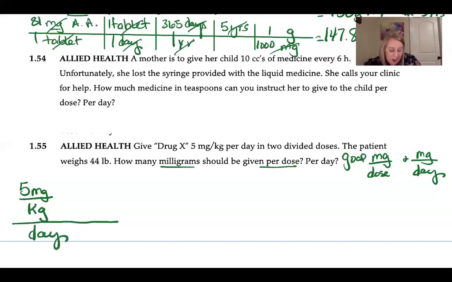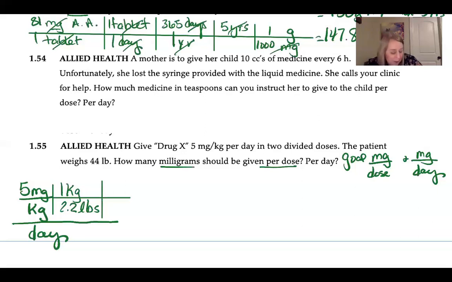So I'm just dividing again. So now I want to know how many milligrams should be given per dose. Well, how many milligrams depends on your weight, and the patient weighs 44 pounds, but we're in kilograms, so we can't stay in kilograms, right? So if I know in 1 kilogram we have 2.2 pounds, and there's a conversion factor in your textbook, a table that has that.